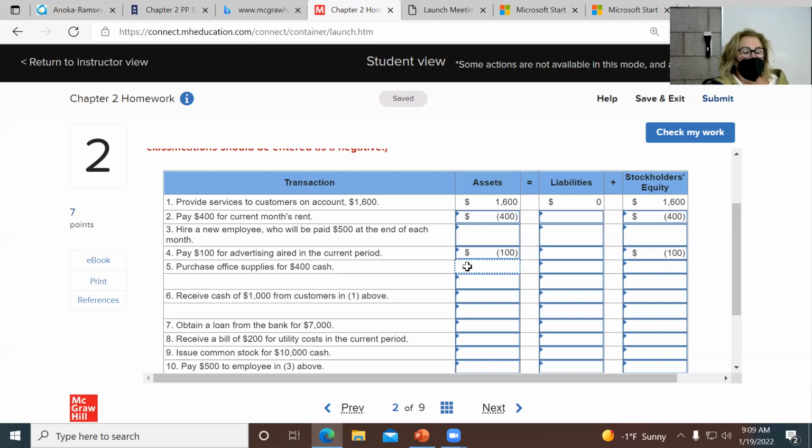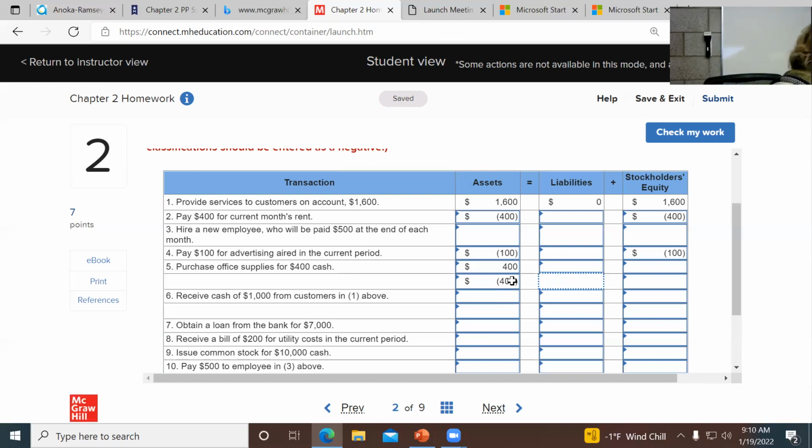When we purchase office supplies for $400 cash, what's going up? Supplies are going up, aren't they? Supplies are an asset. They're going up 400. What's going down? Cash. Cash is going down 400. Both are assets.